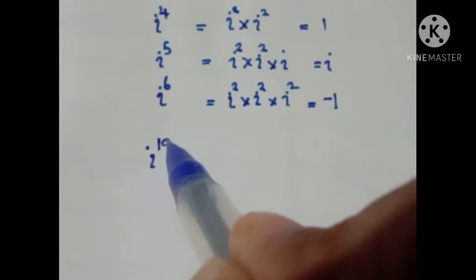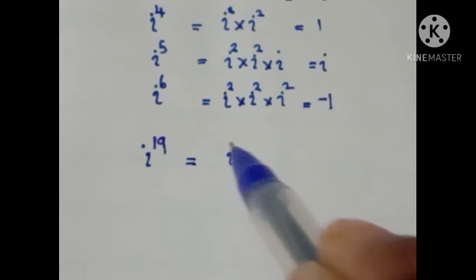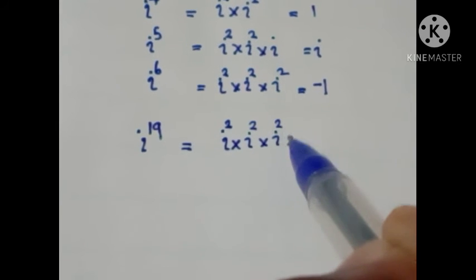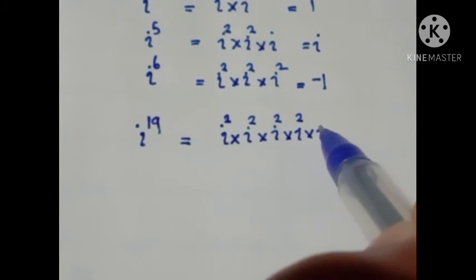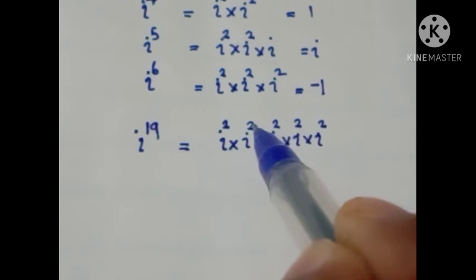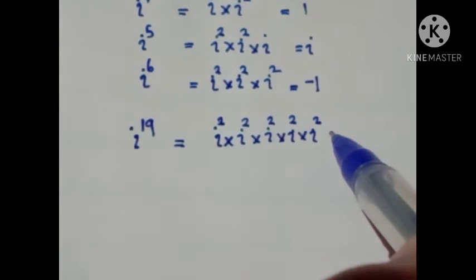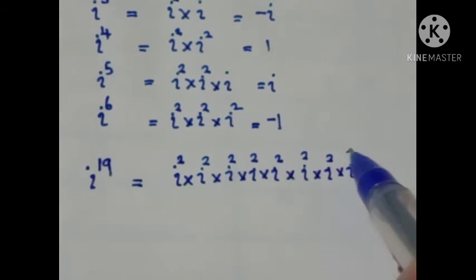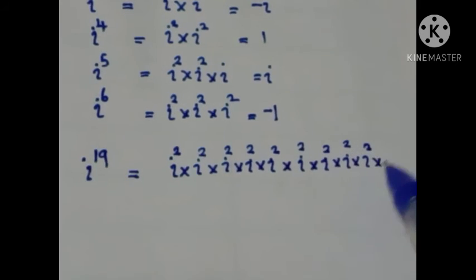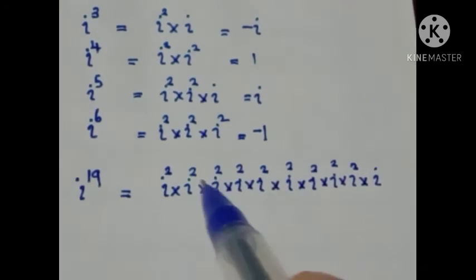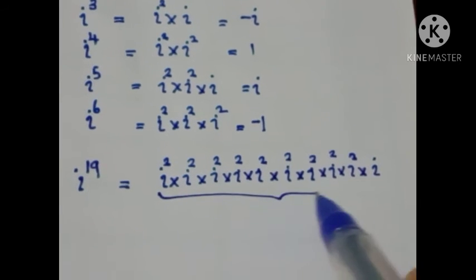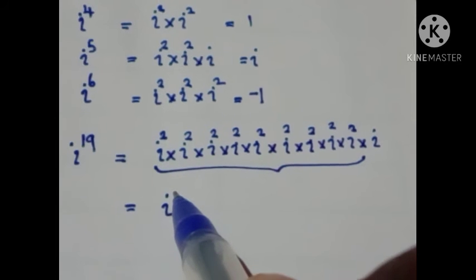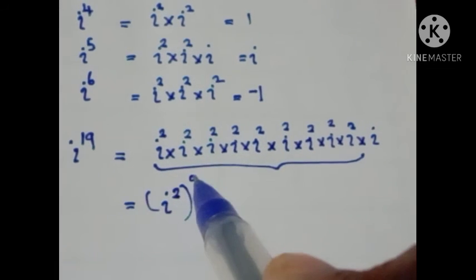Suppose i raised to 19. This can be written as i square into i square into i square into i square into i square, and so on: 2, 4, 6, 8, 10, then i square into i square into i square into i square into i. So instead of this large expression, we can write it as i square raised to 9.